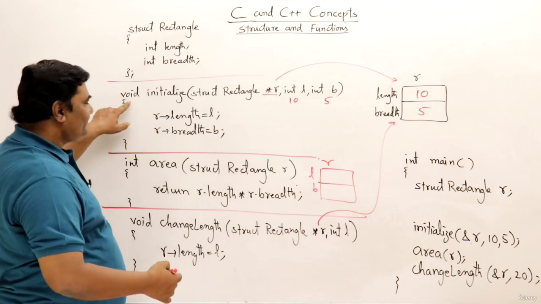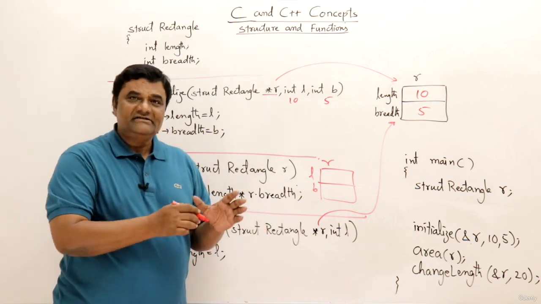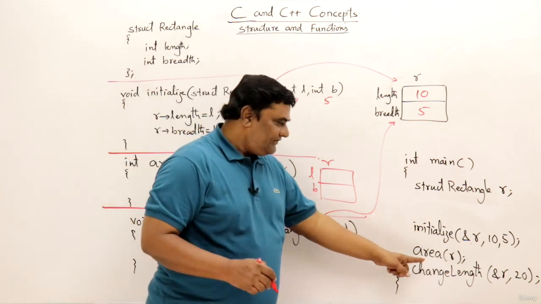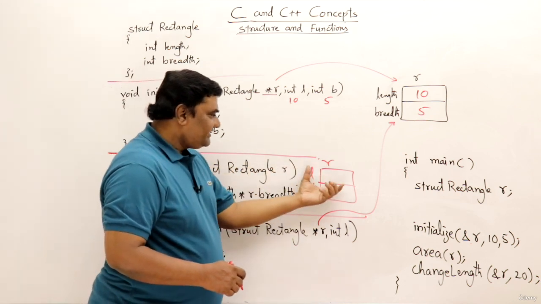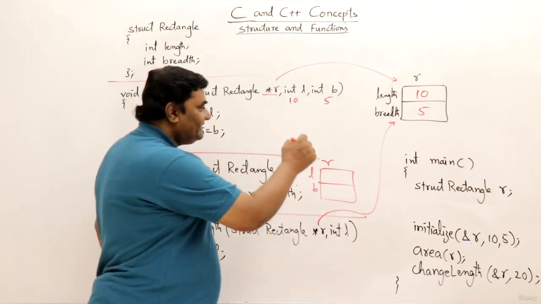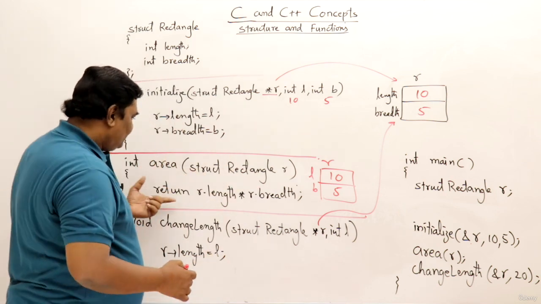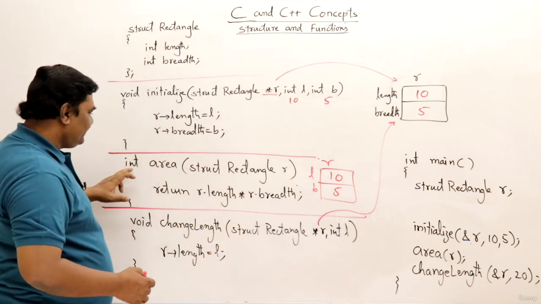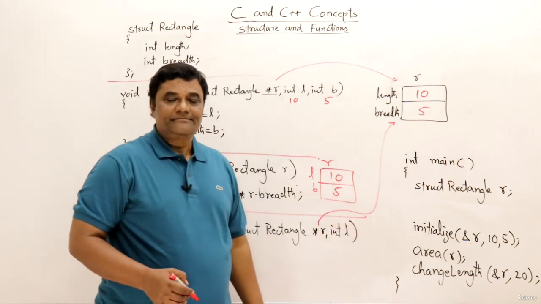And the function returns; it's not returning anything because it doesn't have to, it is just initializing those values. Then back to the main function, call the area function. This is called by value, a new object is created for R, then 10 and 5 are copied, then it is calculating length into breadth, the area, and returning. So it returns an integer type, but I am not using that value, I just call the area function.